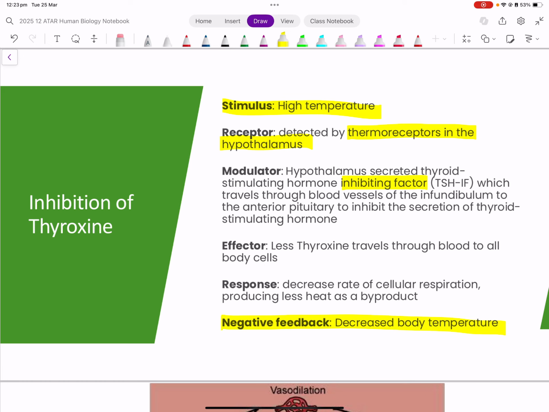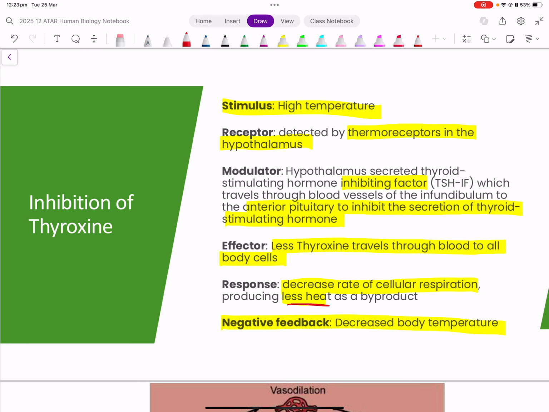Now, this is going to travel to the anterior pituitary, and at the anterior pituitary, it is going to inhibit the release of TSH. As a consequence, less TSH is not going to trigger the thyroid gland to release thyroxine, so our effector is going to be that there is less thyroxine traveling through the blood, and the response is going to be a decrease in the rate of cellular respiration, and as a consequence, less heat being produced by this mechanism.